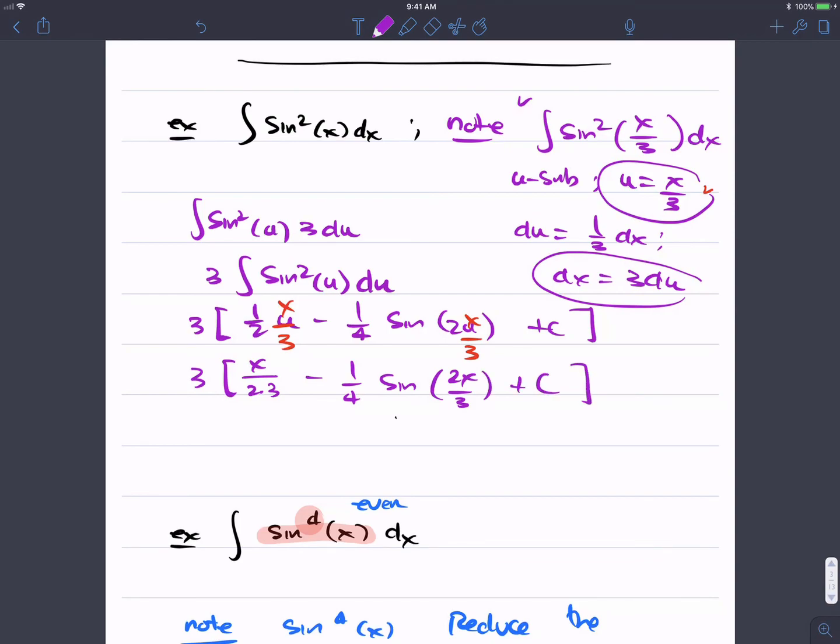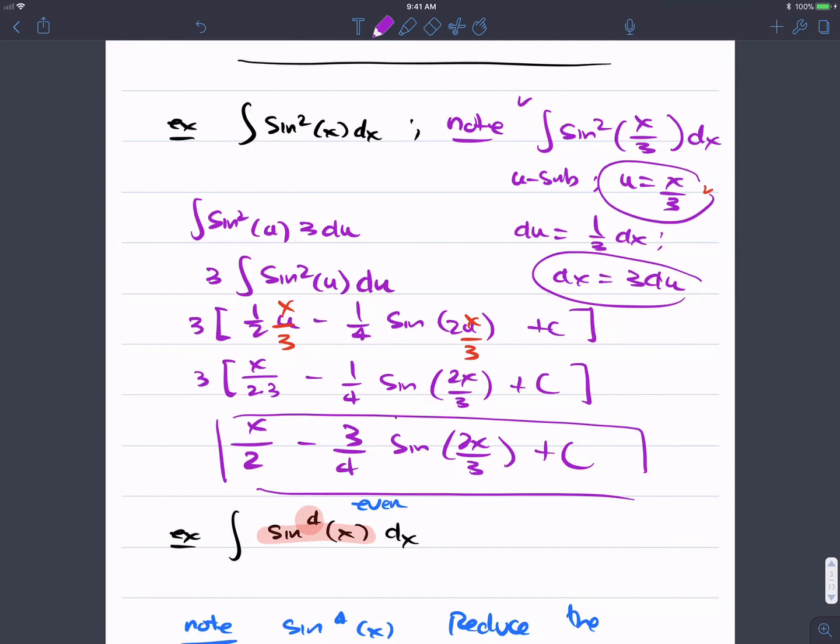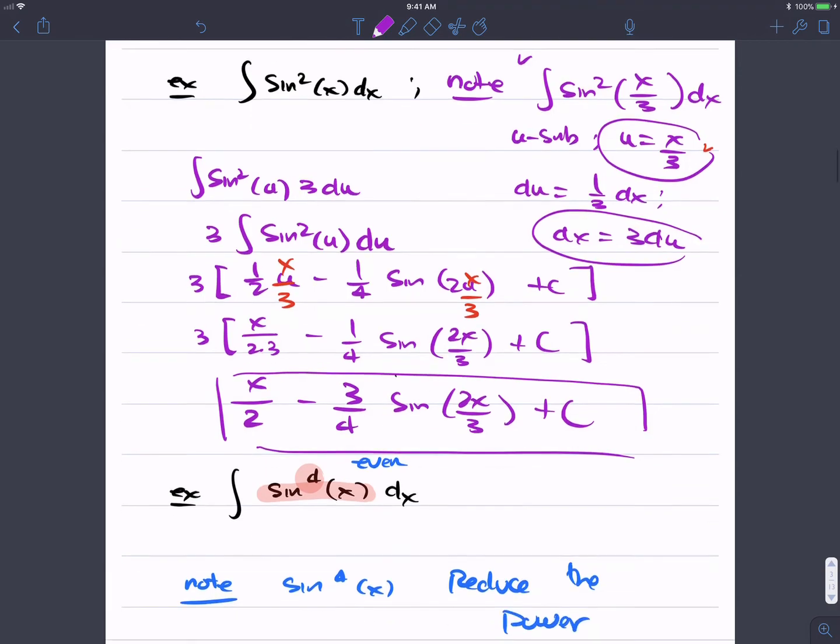Yes, it'll be plus c. So we're going to be very careful here. X over 2 minus 3/4 sine 2x over 3 plus my c. So you do have some u sub versions of these questions, and this is what it comes out to.